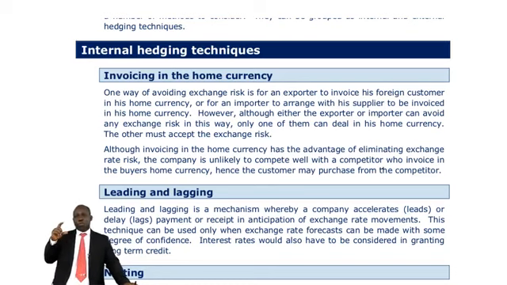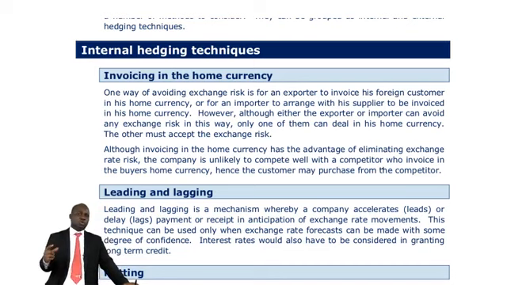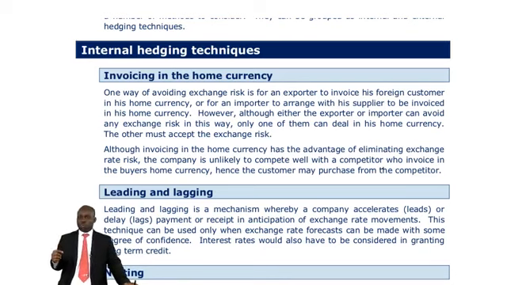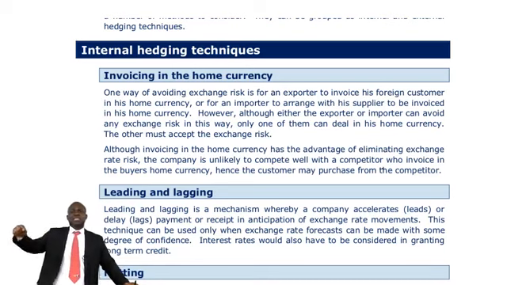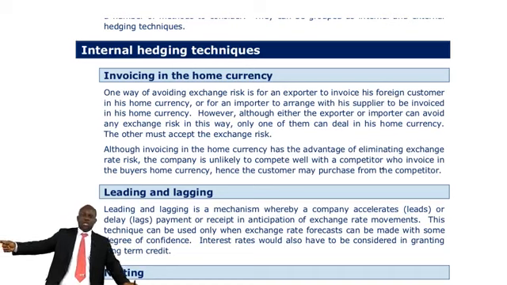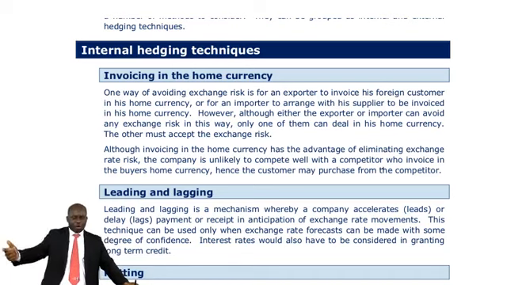If you go back to the definition of transaction exposure, we said transaction exposure occurs when you enter into a foreign currency denominated transaction, and the settlement will occur on a future date.